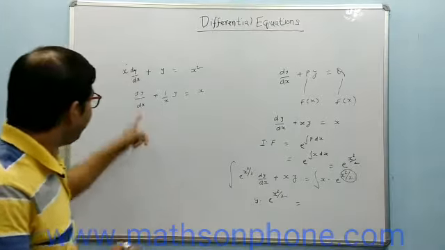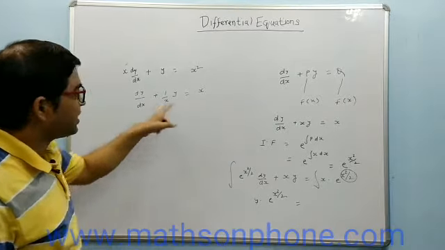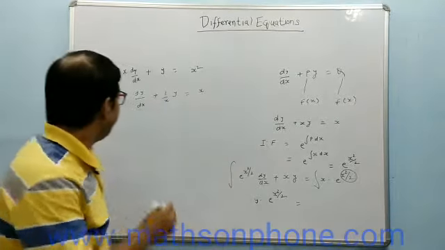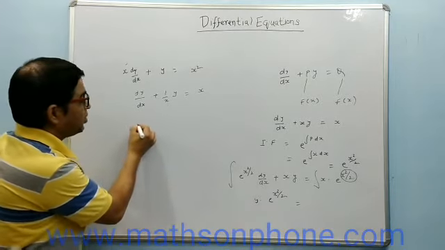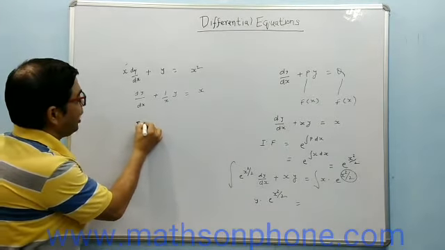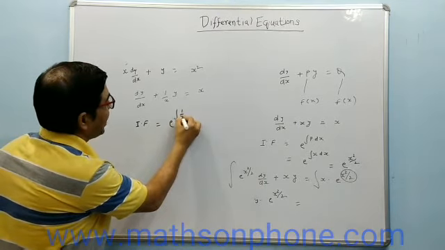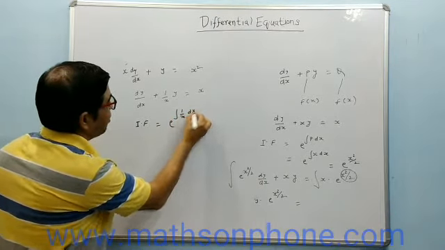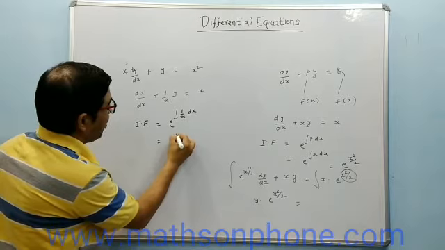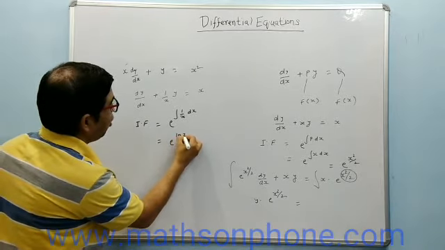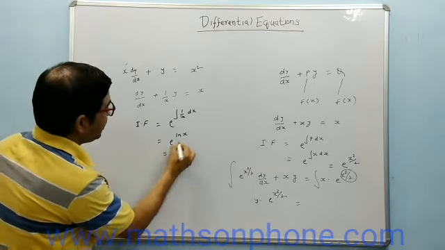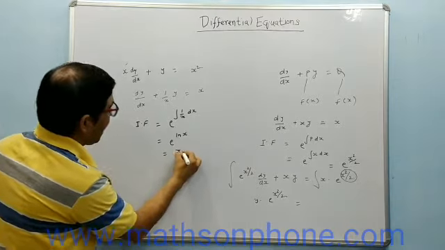What is p here? If we compare with the standard equation, it is 1 by x. So IF is going to be e to the power integration of 1 by x dx. So what is that? e to the power ln x. So e and ln cancelling out, just x.